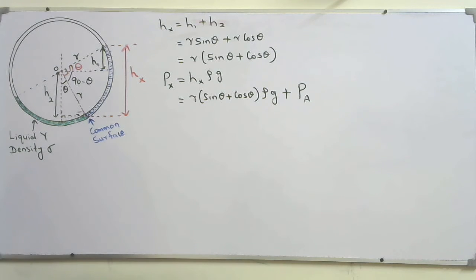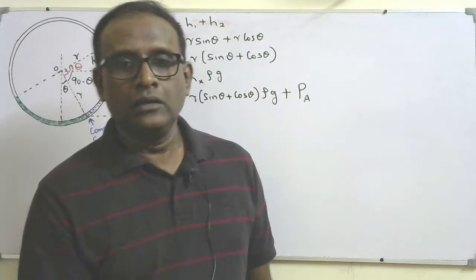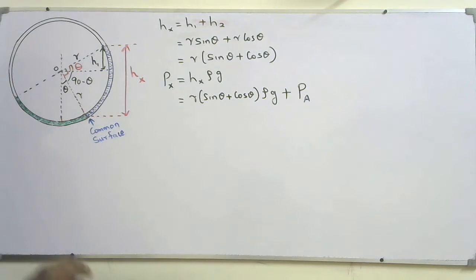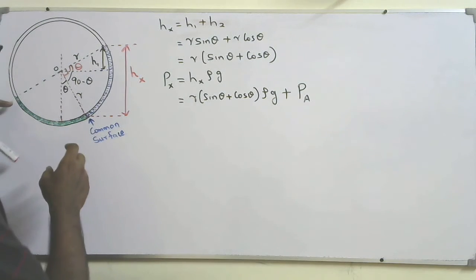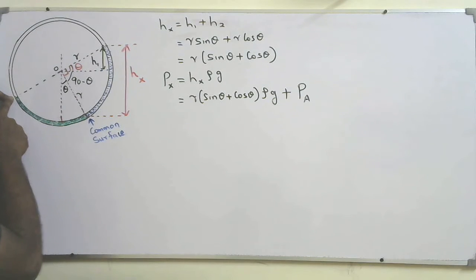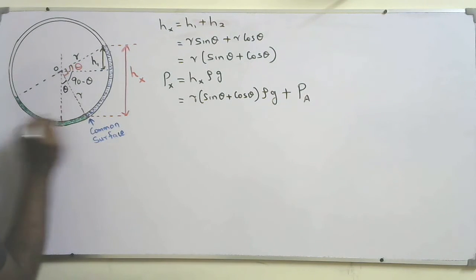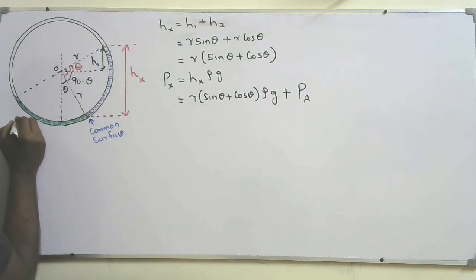Same way, I need to find the pressure due to liquid Y. So I need to find the vertical height of liquid Y, the top surface of liquid Y above the common surface.